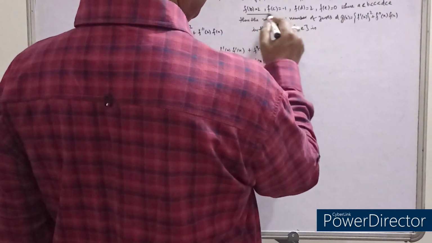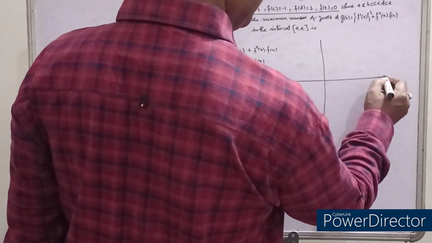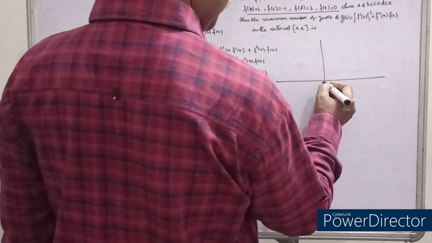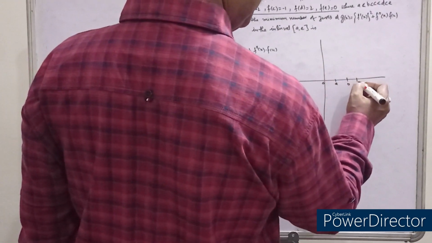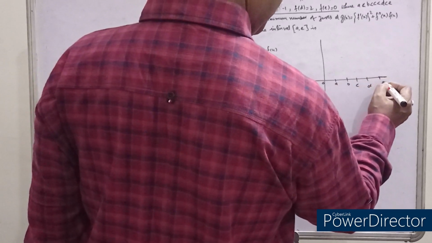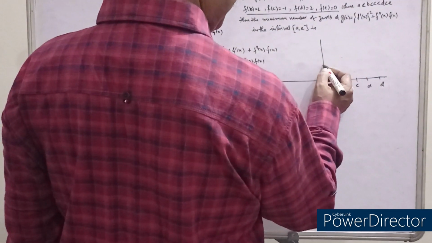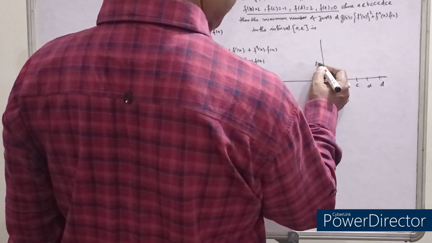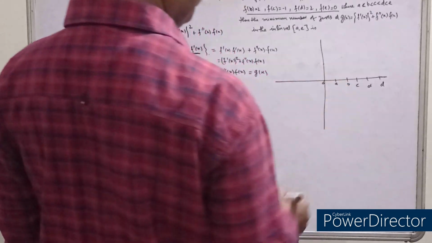Let us draw a graph because it is a function. Here 0, a somewhere here, b because a is less than b, c, then d, then e. At a, f(a) is 0, so this point is 0.